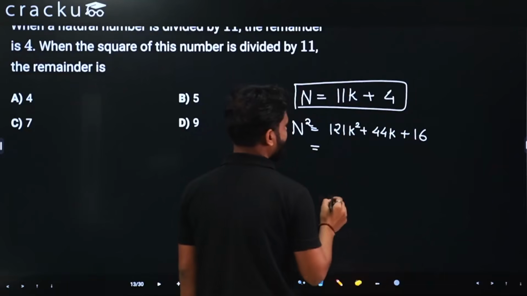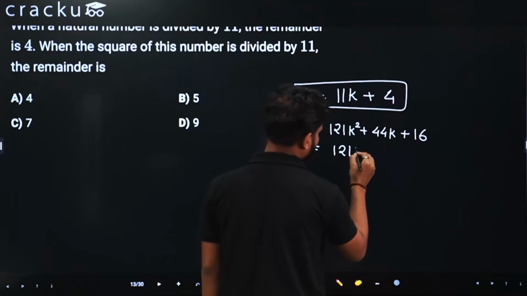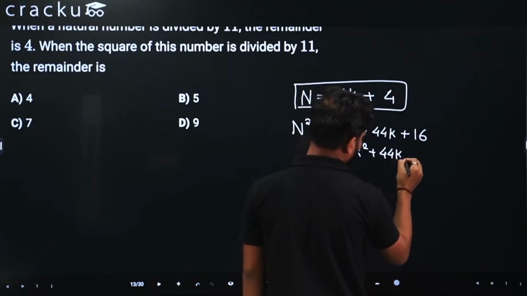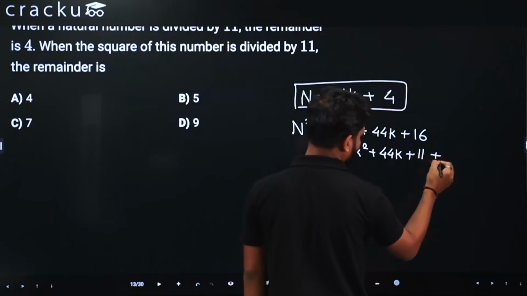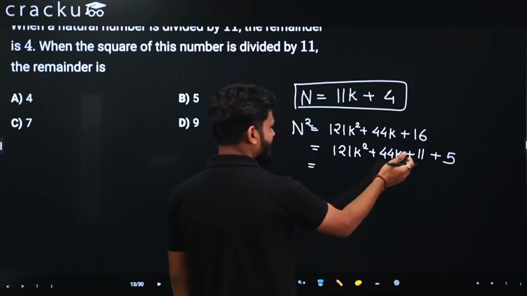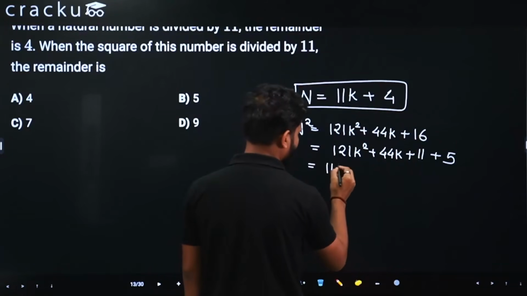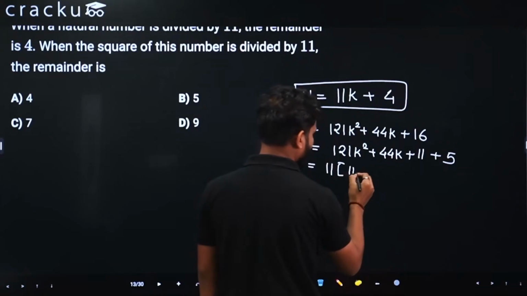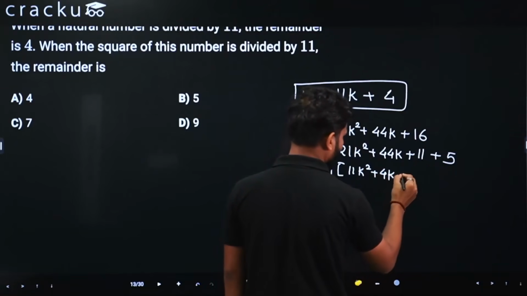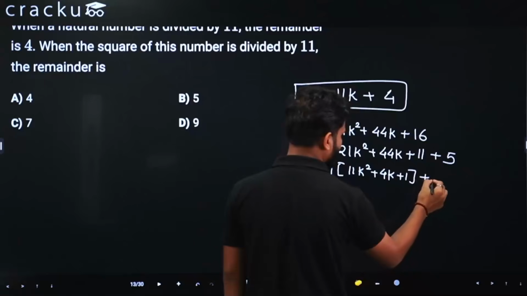Now this is divided by 11. Can I write this as 121k square plus 44k plus 11 plus 5? I have just written 16 as 11 plus 5. Now I am taking 11 common. If I take 11 common, what do I get? I get 11 times k square plus 4k plus 1, plus 5.